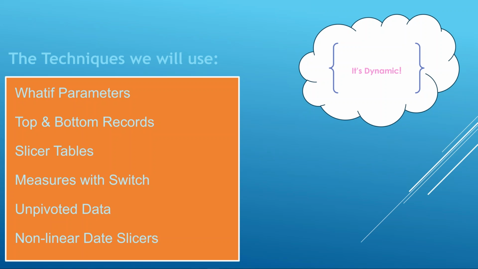And lastly, and this is brand new from the previous presentation, we're going to look at nonlinear date slicers. These are a technique that I both hesitate to teach anyone about, but know that it can be sometimes a lifesaver when you have either a client or an analyst or a manager who wants to compare two date periods that just don't mesh in with what Microsoft offers off the bat.